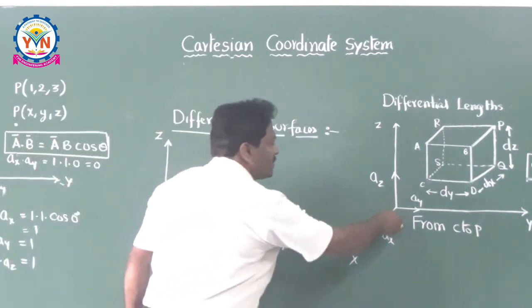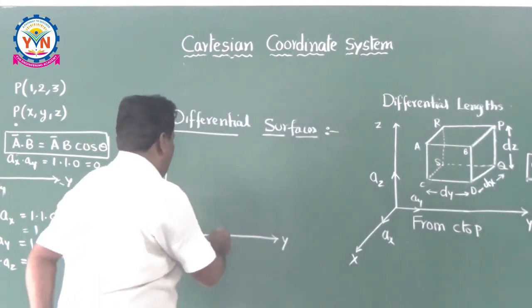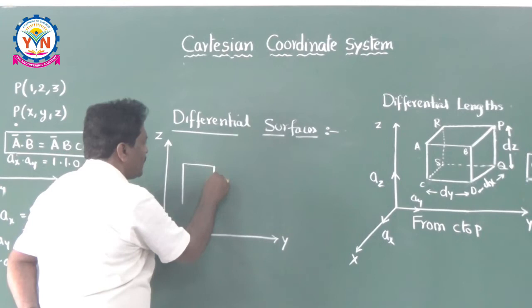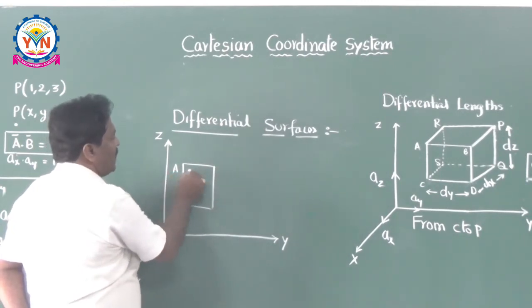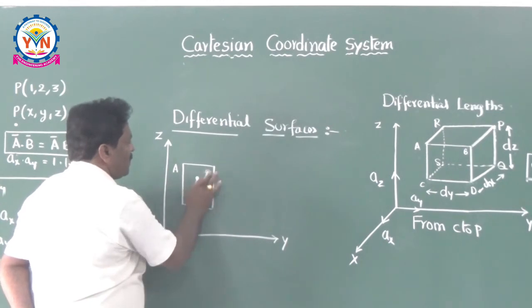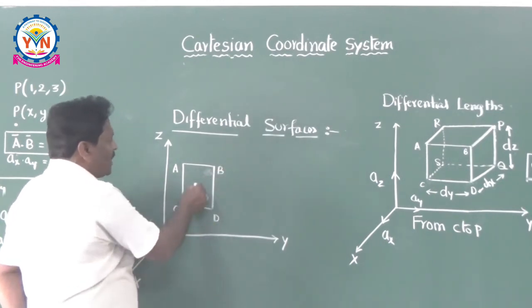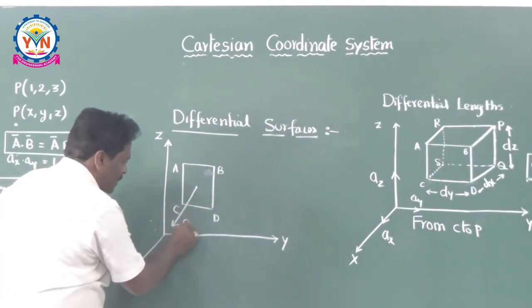In the x direction, the front surface ABCD is the surface area. In which direction is it? This surface is in x direction. This is called AX.